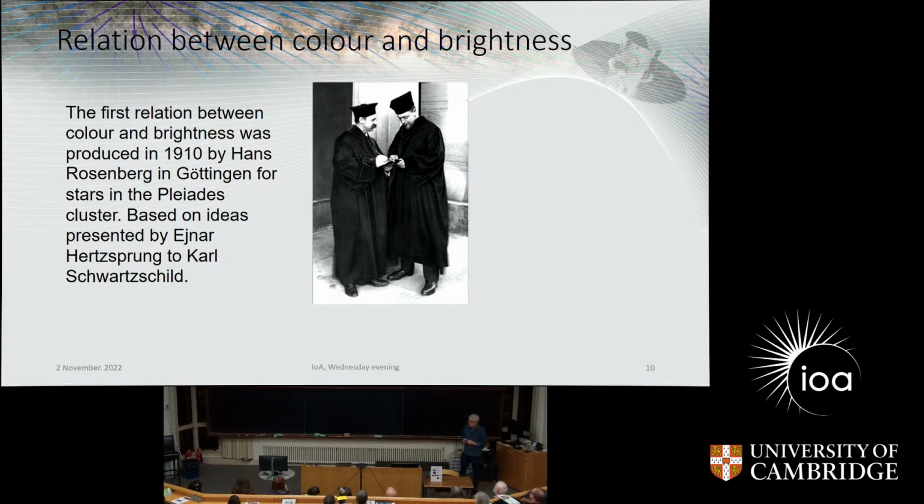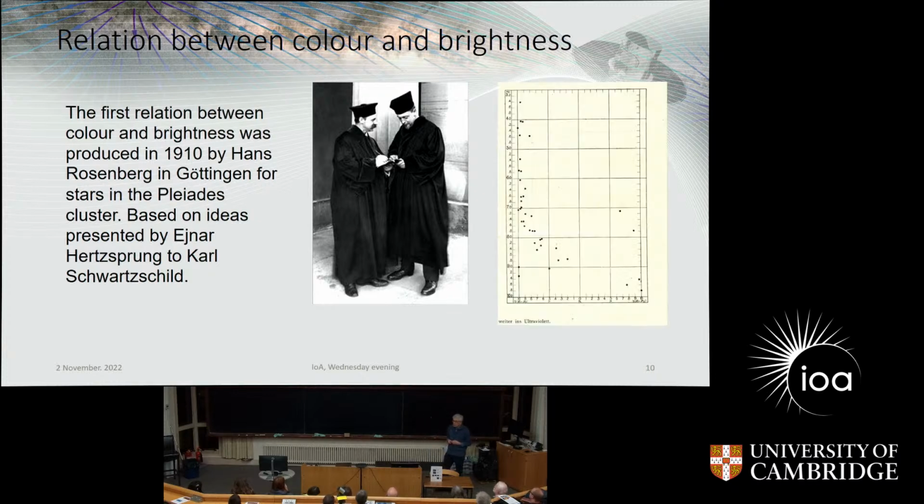Hertzsprung's name is associated with this relation, which is very often referred to as the Hertzsprung-Russell diagram, but I won't bother you with that too much. Hertzsprung was director at the Institute in Leiden, where I've been using plates that were taken by him in the 1970s.